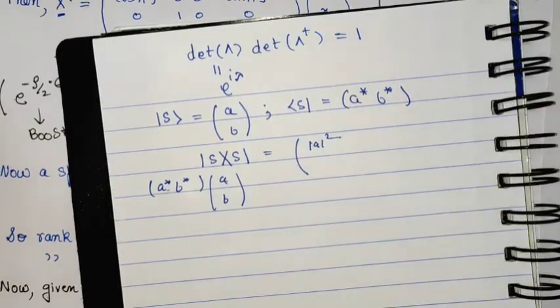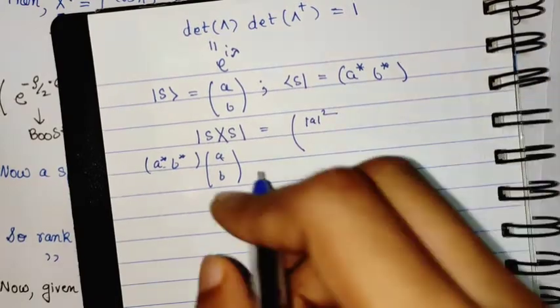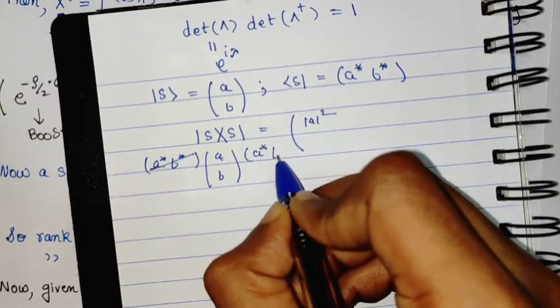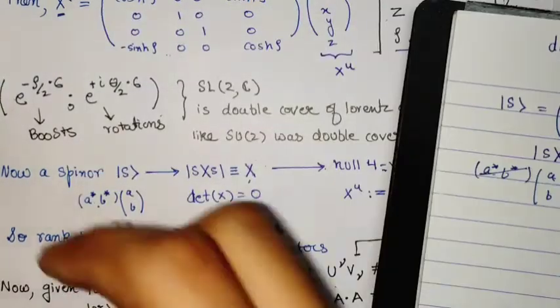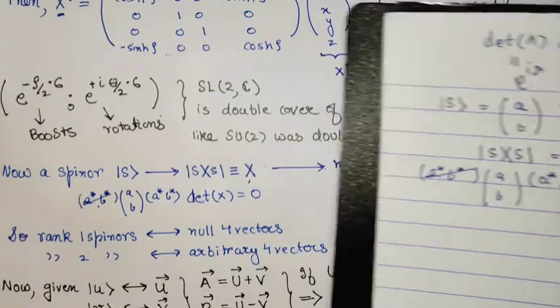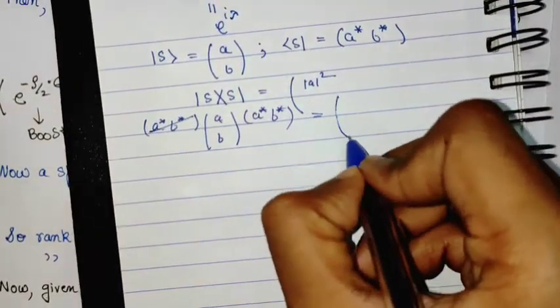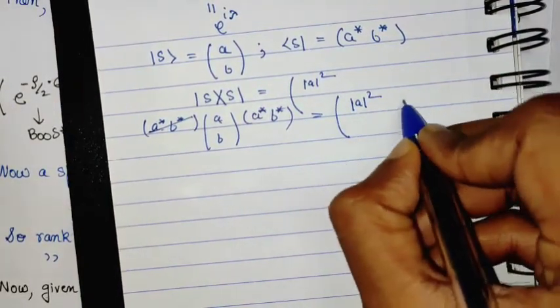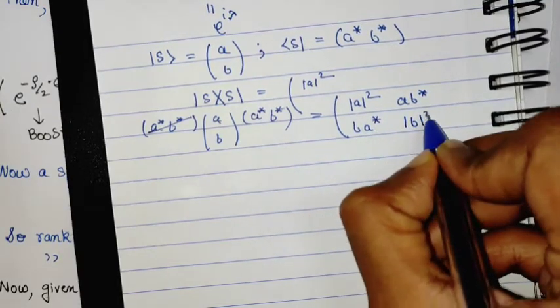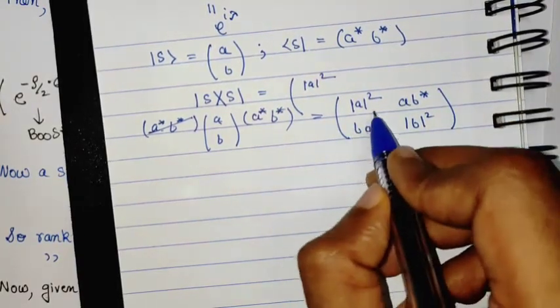Actually I'm taking it in opposite order, so actually it is like this, B star, and here also it will be A star B star. So now what this matrix will give us is mod A square, AB star, BA star, and mod B square. And now you can check the determinant.